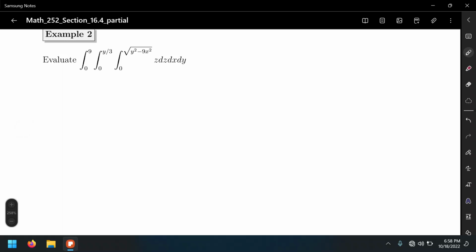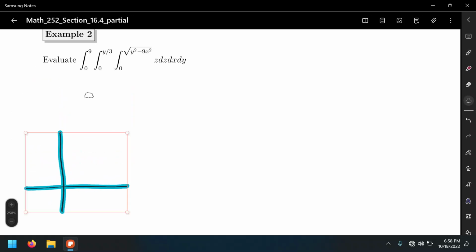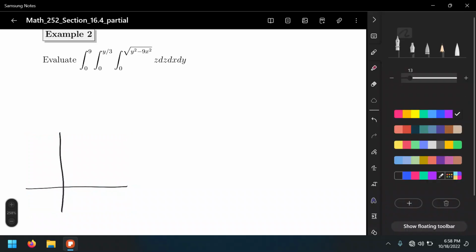What are we essentially finding? Well, let's see the region we're integrating over. So in this case, these limits of integration are telling us that y varies between 0 and 9.